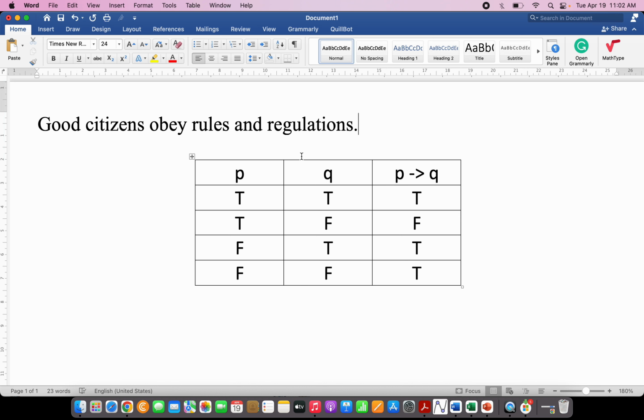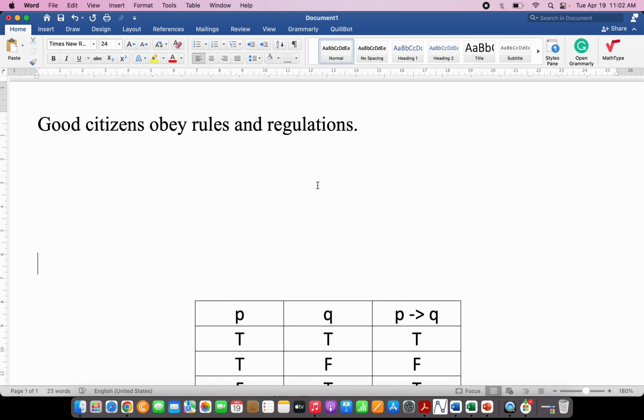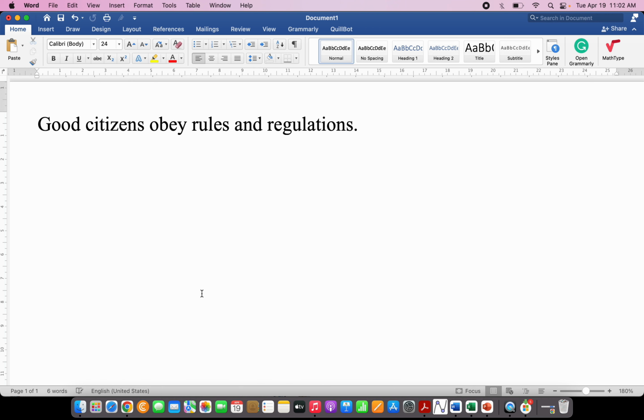Okay. So, given this statement, class, since this statement actually is not in if-then form, we need to write this into if-then form first.